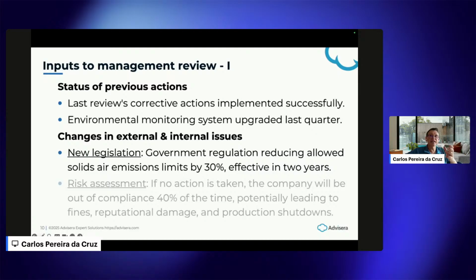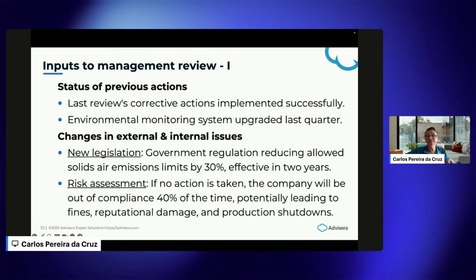Now, after an analysis, we have a risk assessment. If no action is taken, the company will be out of compliance 40% of the time, potentially leading to fines, reputational damage, and production shutdowns. So this is an example of what can be inputs to the management review, in this case related to compliance obligations and context change.